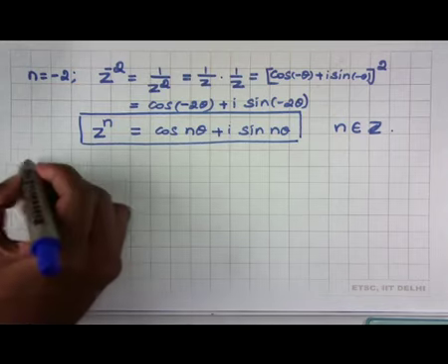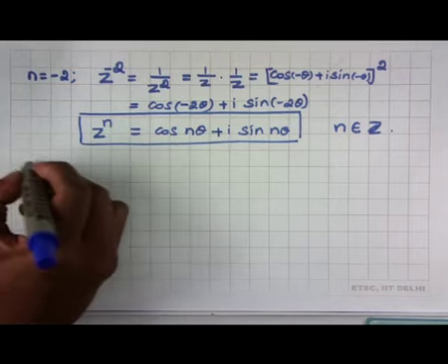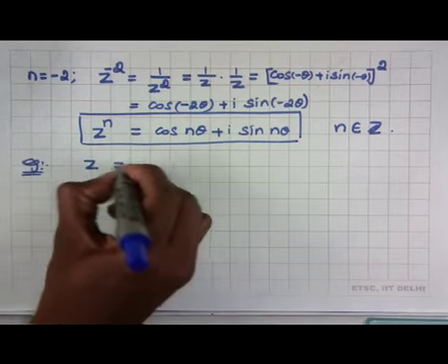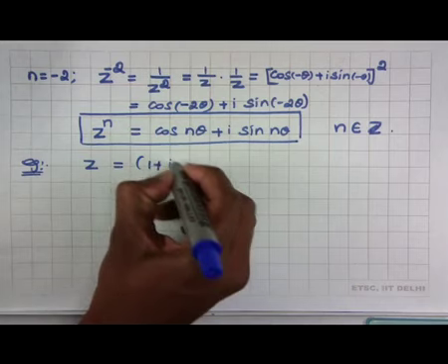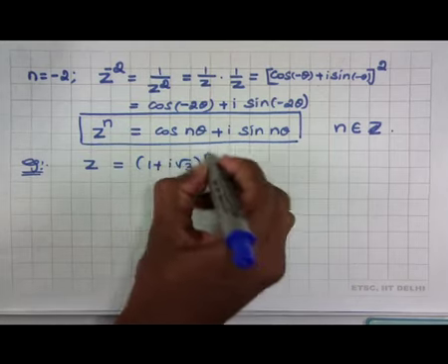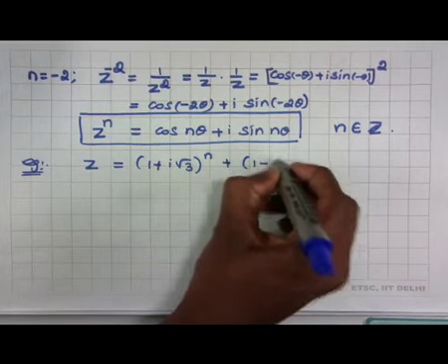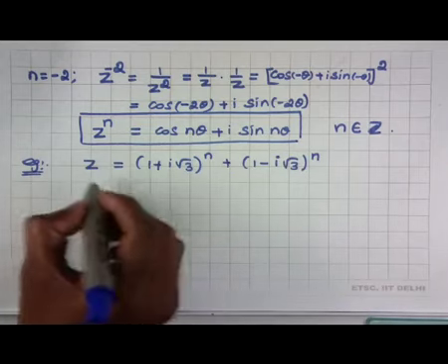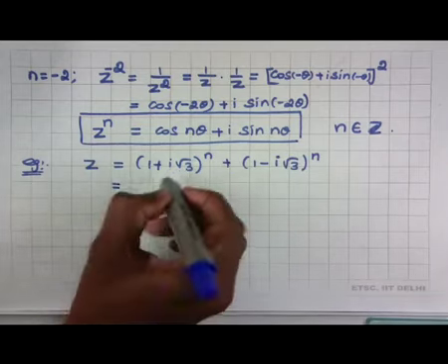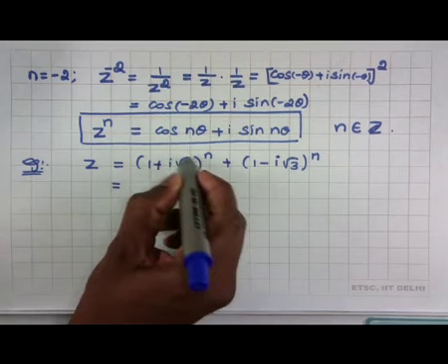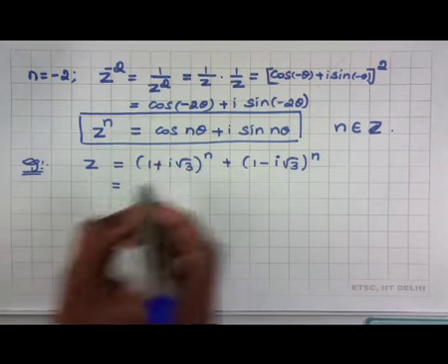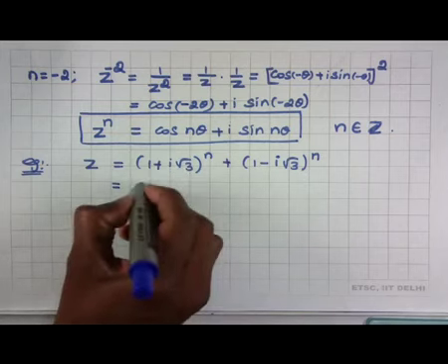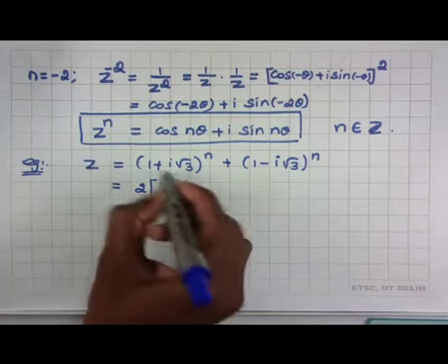Now, let us do a simple example. We would like to calculate the value of 1 plus I root 3 power n plus 1 minus I root 3 power n, and what we know is the polar representation for this. We need to calculate first the modulus. Modulus is 2 and we need to calculate theta.